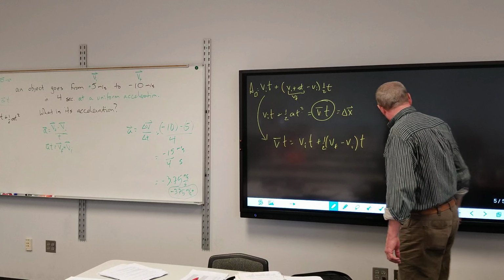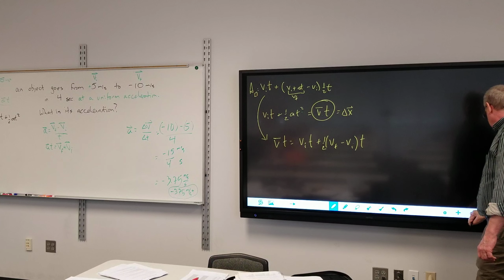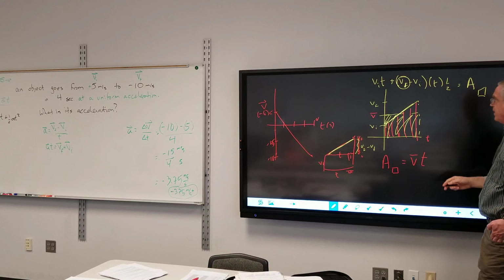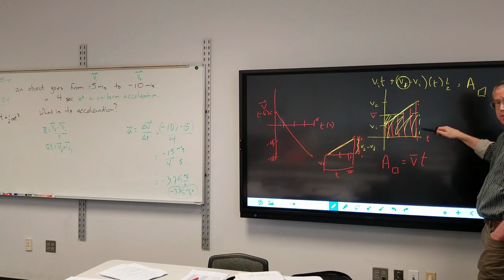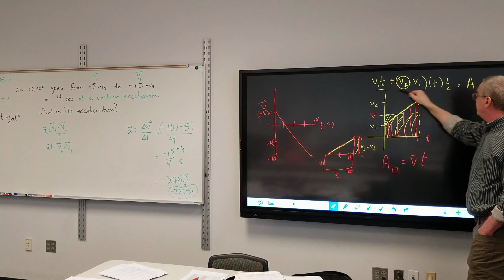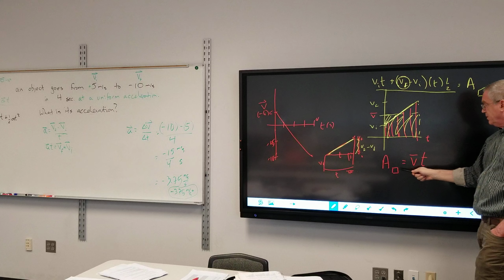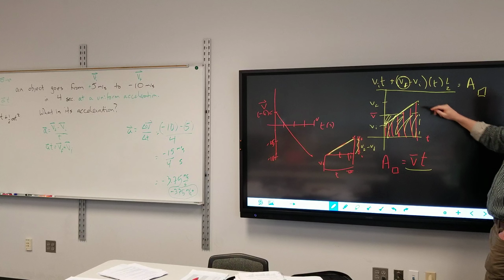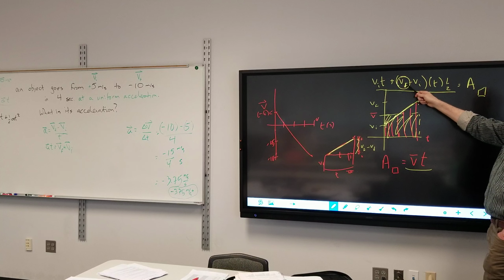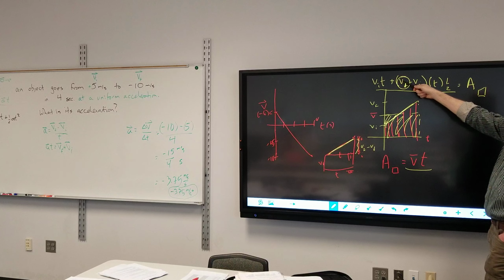Oh, because we established over here that the area of the yellow section and the red section are the same. This is the area of the trapezoid, that's the area of the rectangle. So on the next slide, I've made a substitution for v_f.